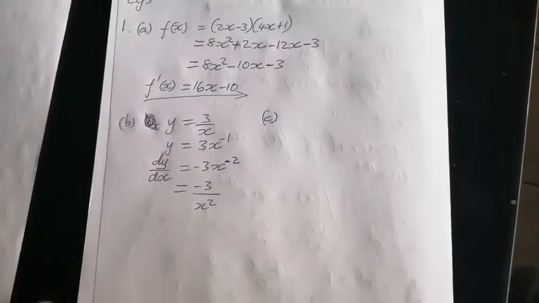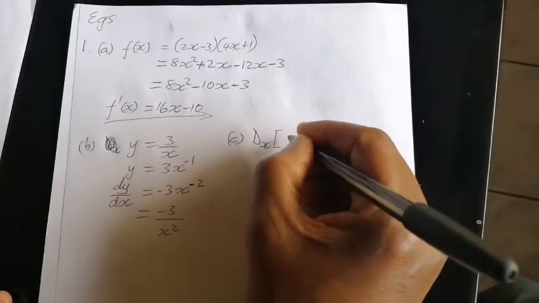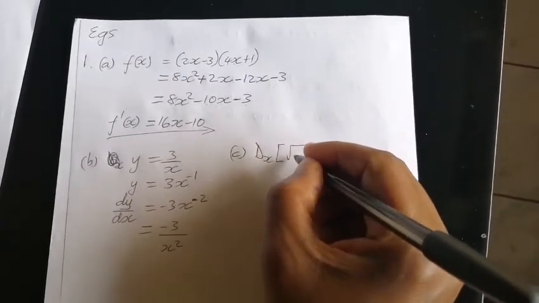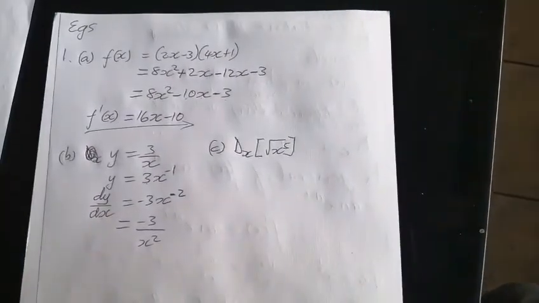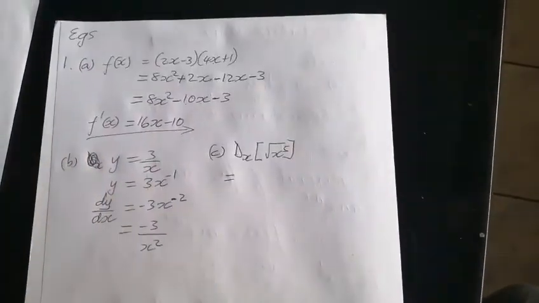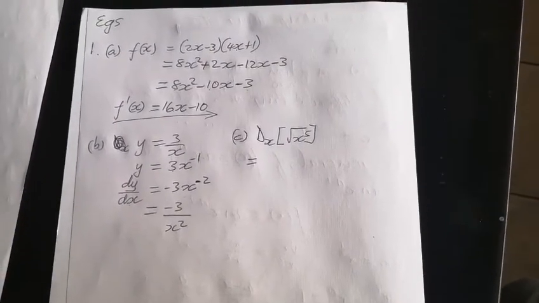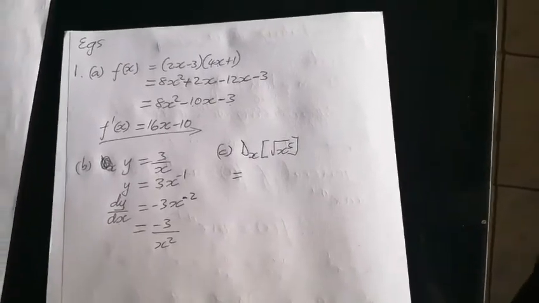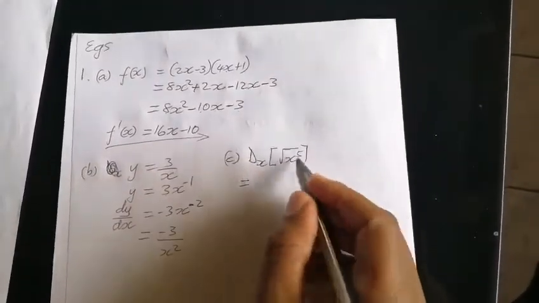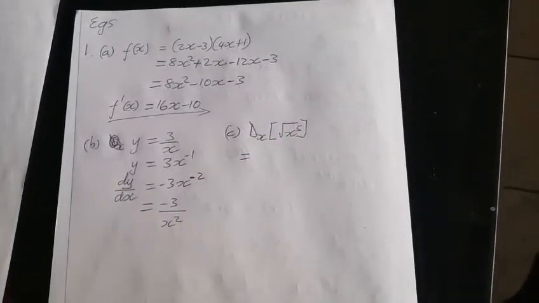Part C is saying d/dx of root of x to the power 5. This is equal to, the d/dx only disappears when we start to differentiate. So I'm not differentiating at all now. What am I doing? I'm writing this in a language that I can apply the rule.